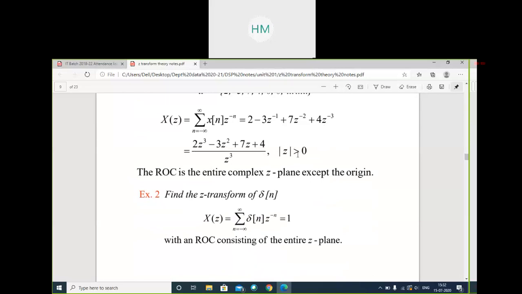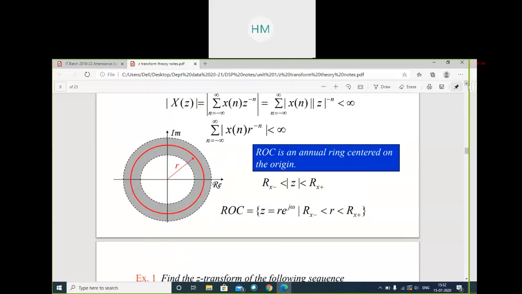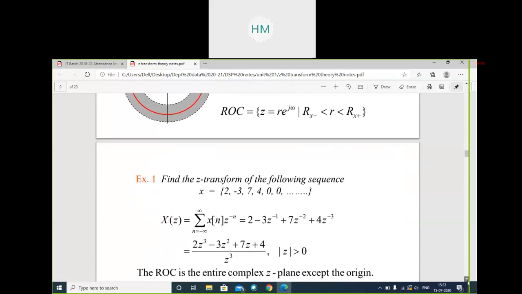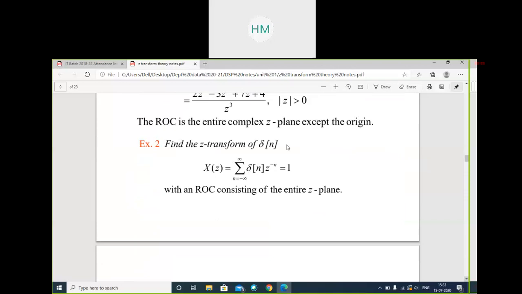So the ROC will not include the origin. It will be greater than 0. How do we find this? By writing that mod x of z should be less than infinity, that is, z to the power minus n should be less than infinity, so mod z greater than 0.